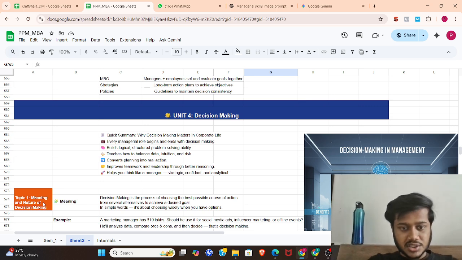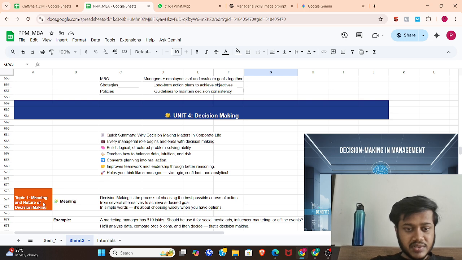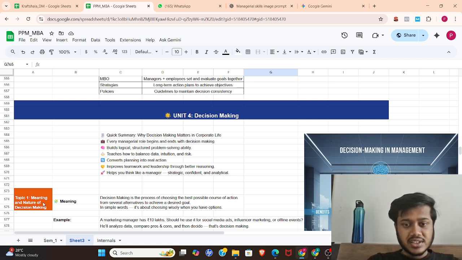It builds logic, structured problem solving ability, teaches how to balance data, intuition and risk, converts planning into real action, improves teamwork and leadership through better reasoning, and helps you think like a manager: strategic, confident, and analytical. Basically, these are some of the reasons why we need to study this topic.